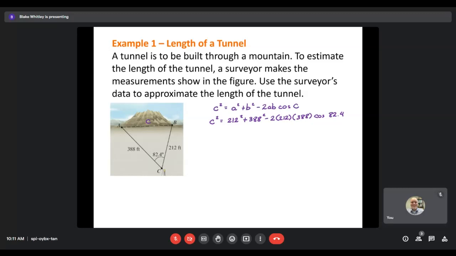Now, because everything on the right-hand side is a number, we can actually just put all of that information into our calculator. Be sure you're in degree mode when you do this.